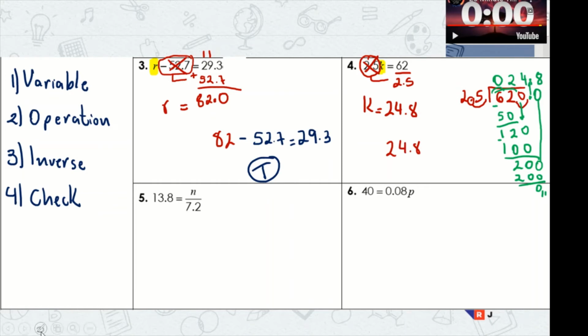I need to figure out if 2.5 times 24.8 equals 62. Can you check, guys, in calculator, please? 2.5 times 24.8. Is it true or false?